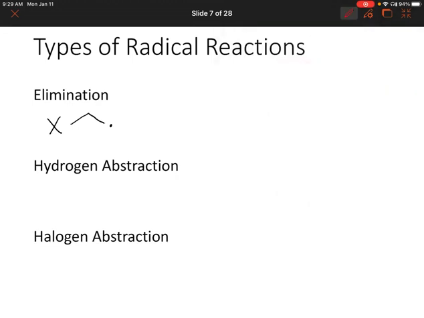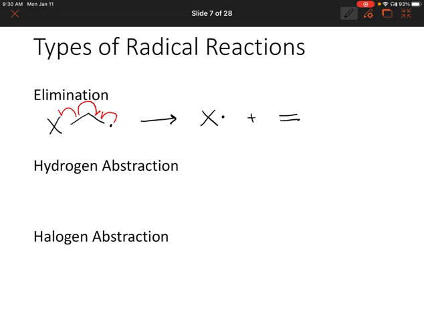This time we could break apart the sigma bond, put one electron on the halogen, and then I'm going to move the other electron over to team up with the unpaired electron, and they're going to create a pi bond. So now we have a halogen radical and our alkene again. So this is the reverse of the addition to pi bond reaction we just saw.